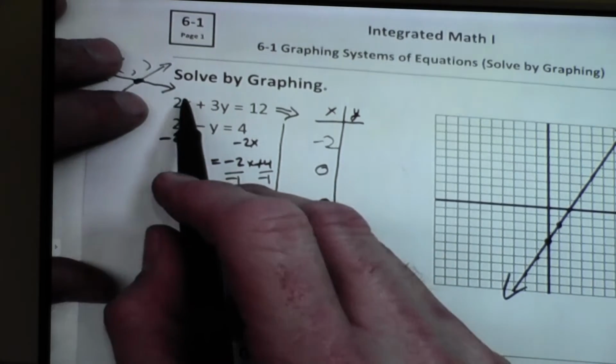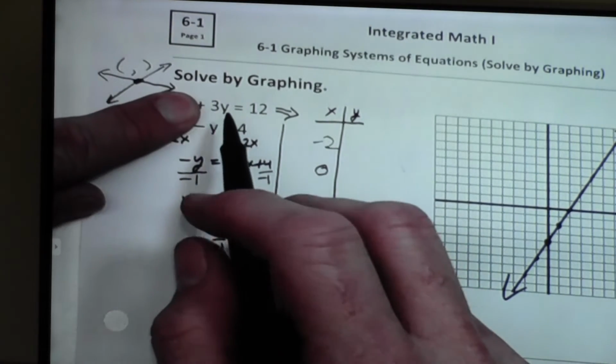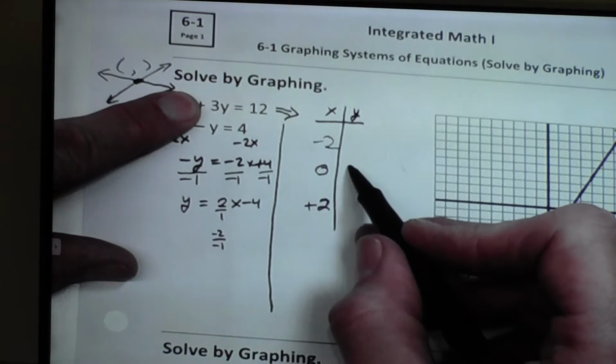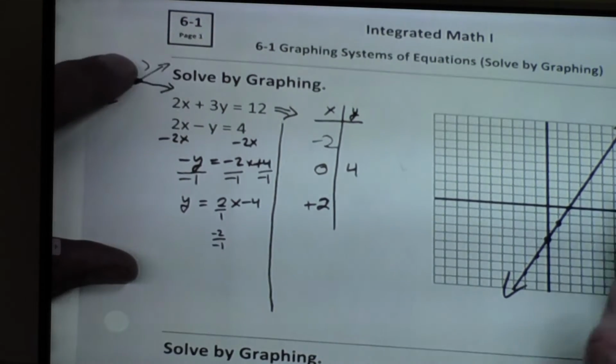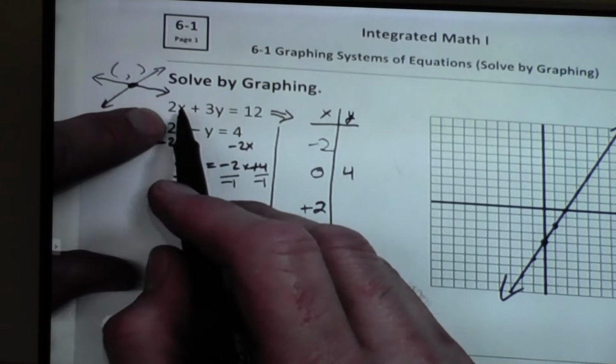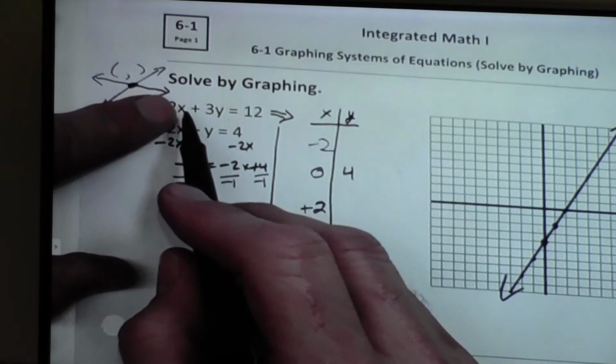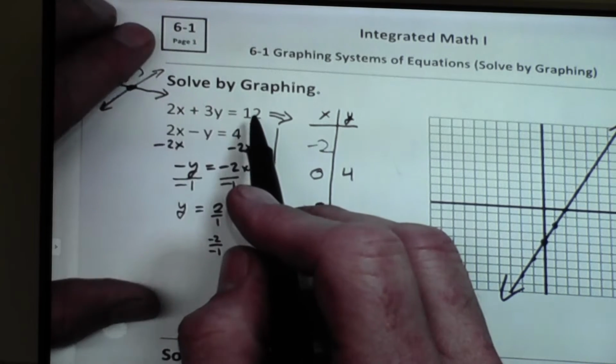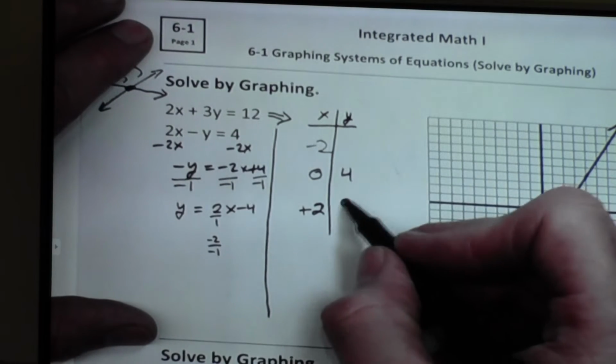So if I put a 0 in for the x, cover it up because it's now times 0, divide by 3, that means y is equal to 4. If I put a positive 2 in here, that's the number 4, and if I subtract 4 on both sides, I get 8. So then I divide it, 8 over 3.